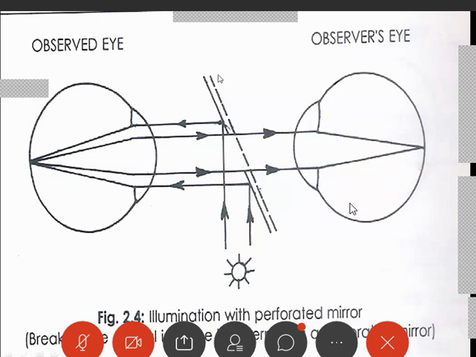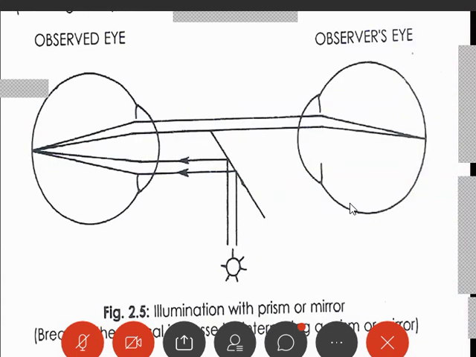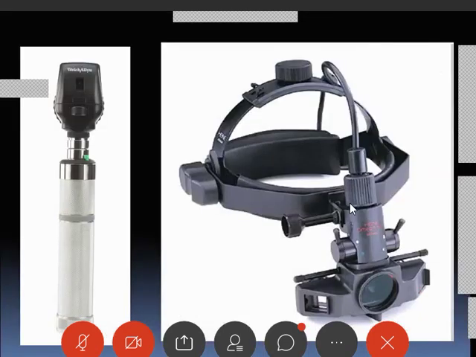So like this, by placing a perforated mirror, or by placing a prism or a plain mirror like this, we can visualize the patient's fundus. So that is the principle of the direct ophthalmoscope. By interposing a perforated mirror or a plain mirror or a prism, we can visualize the patient's retina.